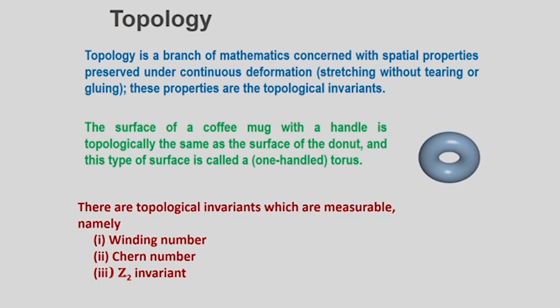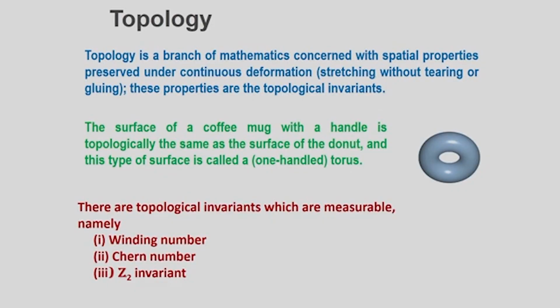That is, you are not allowed to do any stretching or tearing or puncturing of the object, and these properties which remain unchanged are called topological invariants. For example, you see a coffee mug that's continuously being deformed into the shape of a donut, and the handle of the coffee mug where you hold the cup is the one that's forming the hole inside the donut.